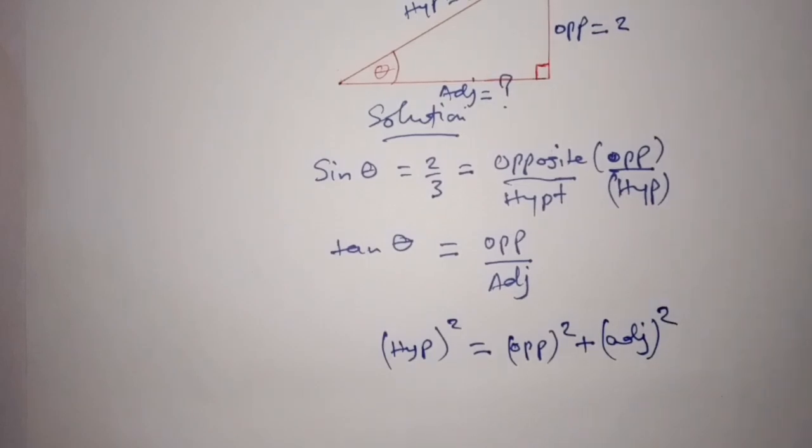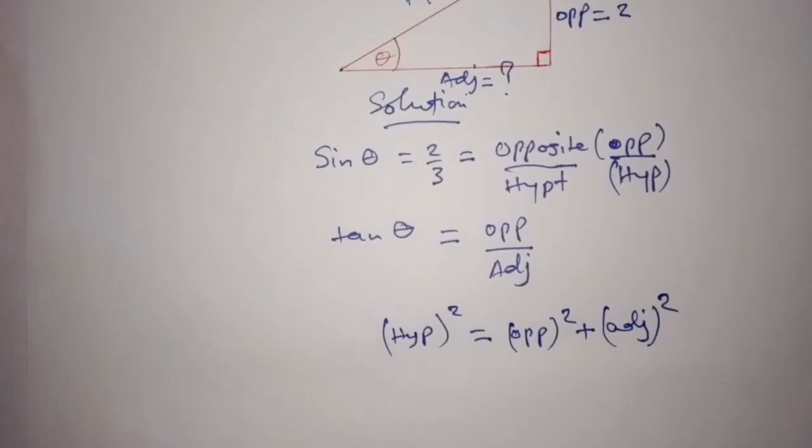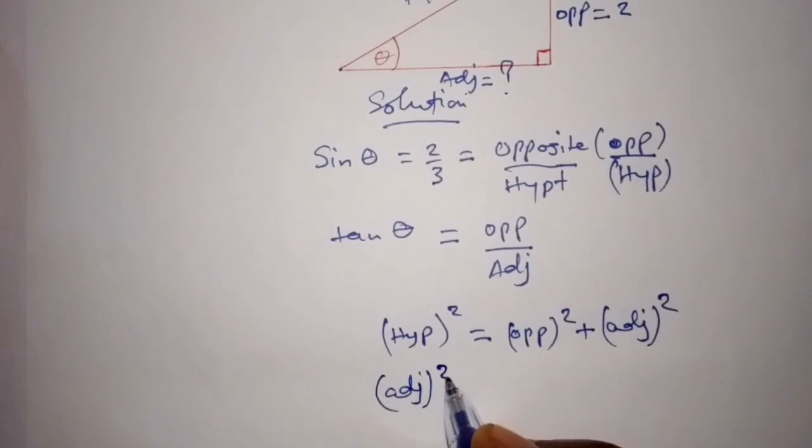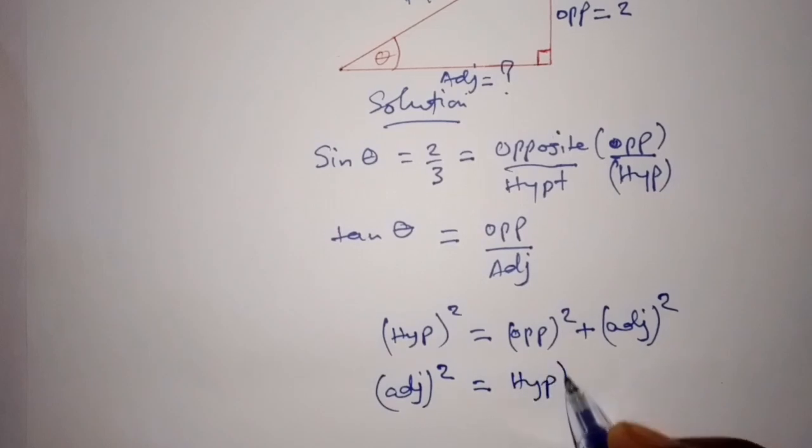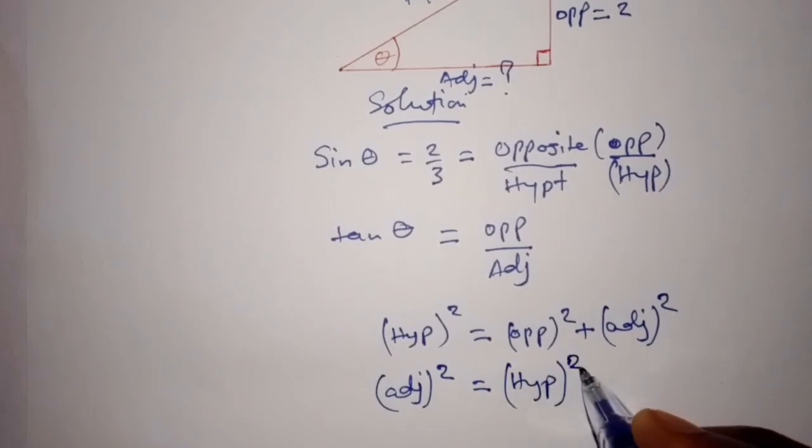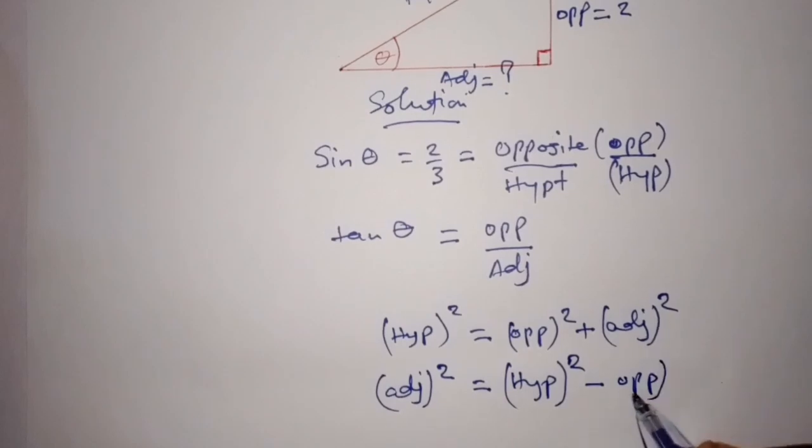So we want to find the unknown size of the adjacent. So we can say that adjacent squared is equal to hypotenuse squared minus opposite squared.